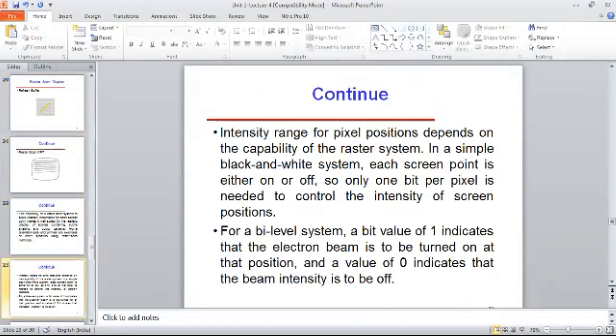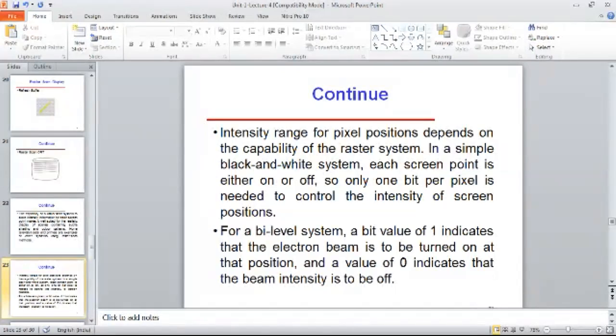Similarly, we use it in case of the black and white system or the colored system. How will we get the black and white? We make various points on or off. And there are various colors which we can make on or off, and ultimately we can control the intensity of the screen.